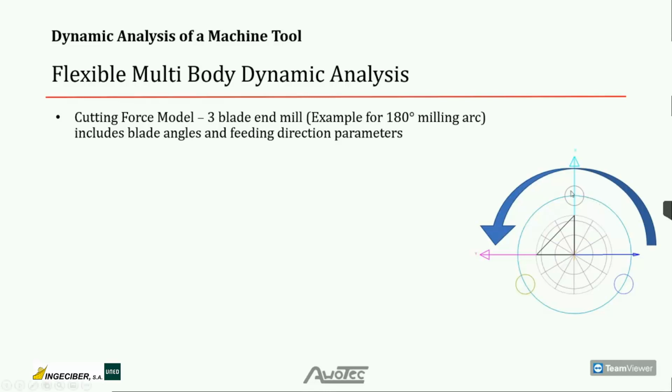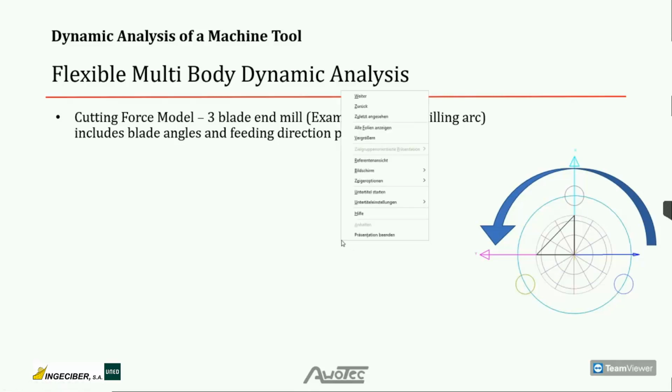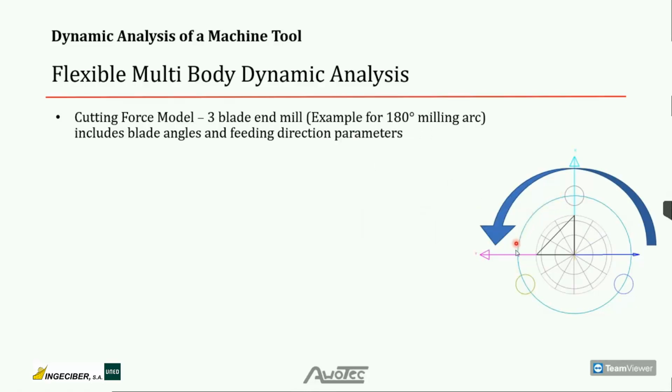So the large circle is the outer diameter of the milling tool, and the three small circles represent the cutting blades. So this is the outer diameter of the milling tool, and at the center of the smaller circles, there is the cutting blade located.